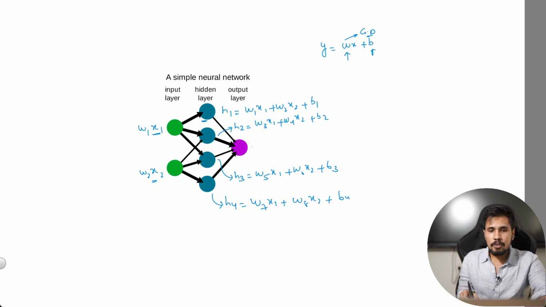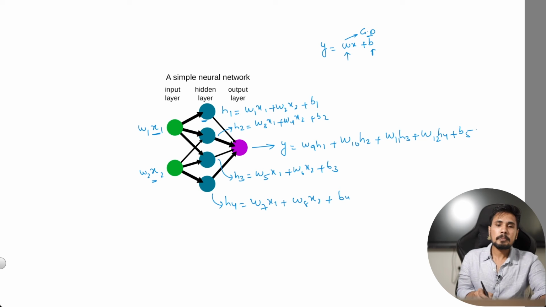Now when you write it for the output node, output y equals w9 h1 plus w10 h2 plus w11 h3 plus w12 h4 plus bias 5. So this is how the equation is going to be, for a simple neural network with 3 layers: input layer, hidden layer, and the output layer.